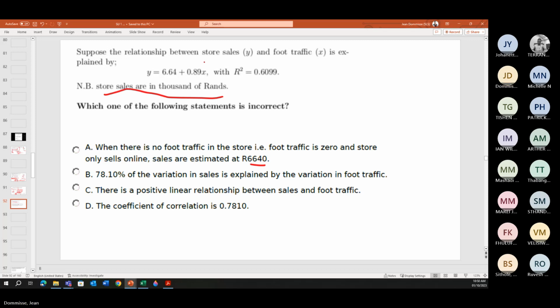So when foot traffic is 0, we see 6.64, but because that is in thousands, multiply that by 1,000. So the answer is 6640. So unfortunately, that is correct.